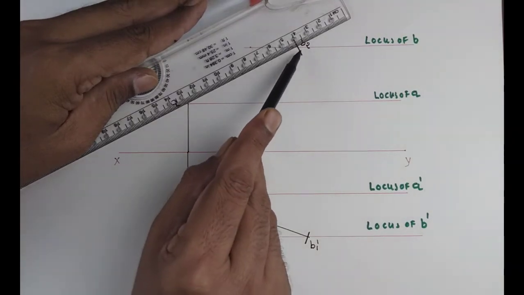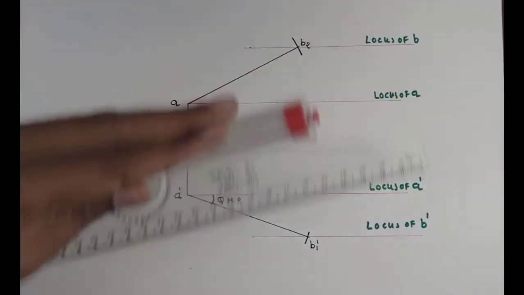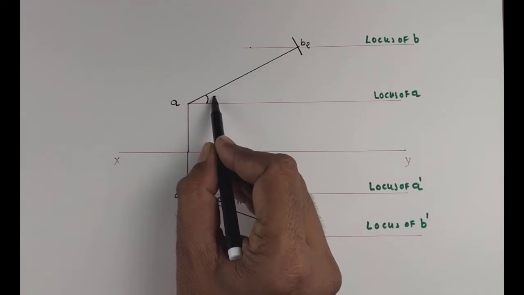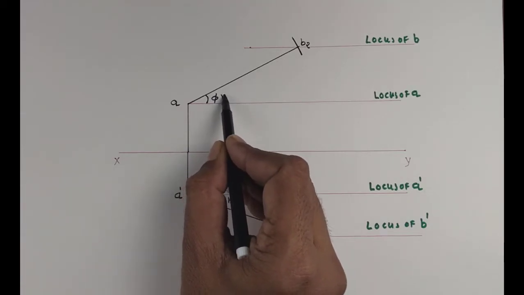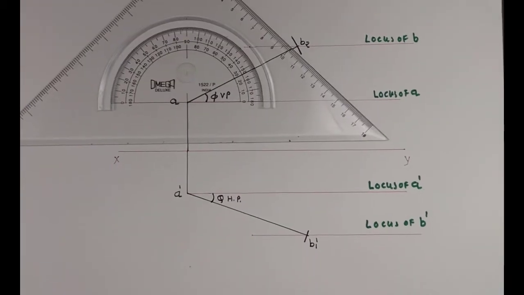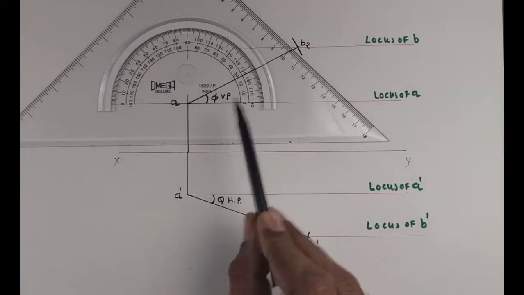In the problem it says find out the line inclined to HP and VP. So I got the two answers. This is my phi, line inclined to VP. Now you arrange your protractor at point A and measure the inclination.